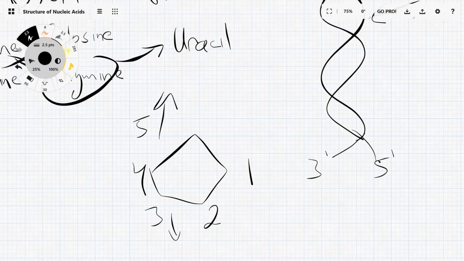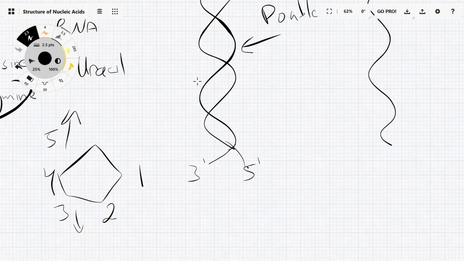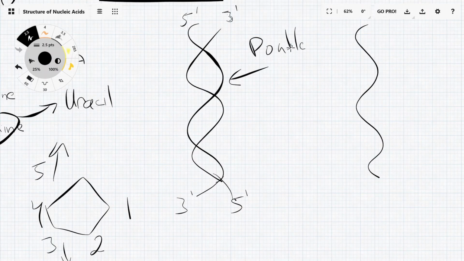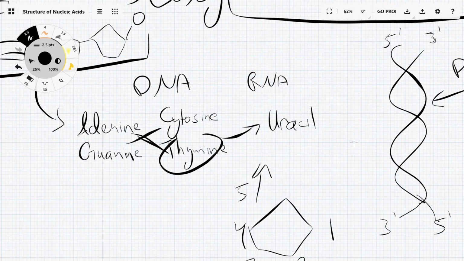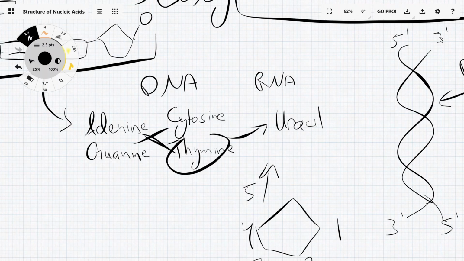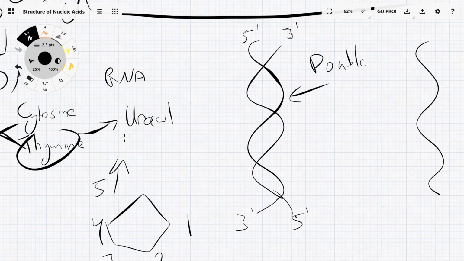And it's very important to note that this is the same regardless of whatever nucleic acid you're dealing with. So, DNA: anti-parallel, double-stranded, forms a double helix, and it contains adenine, guanine, cytosine, and thymine.